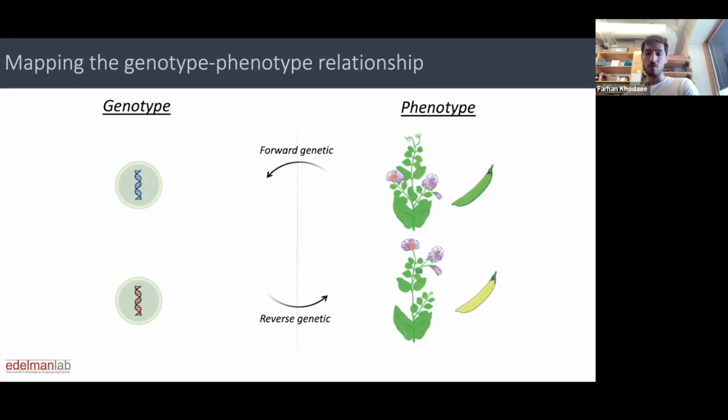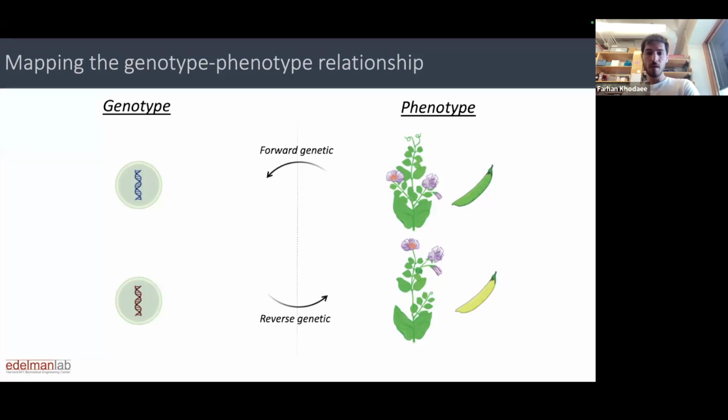Any type of study in genetics or molecular biology is basically one of these, forward or reverse genetics. In the context of disease, we get samples from patients and sequence them to understand which genes are important. Or in the context of synthetic biology, molecular biology or perturbation analysis, we perturb different genes and play around with them to understand what kind of phenotype emerges.